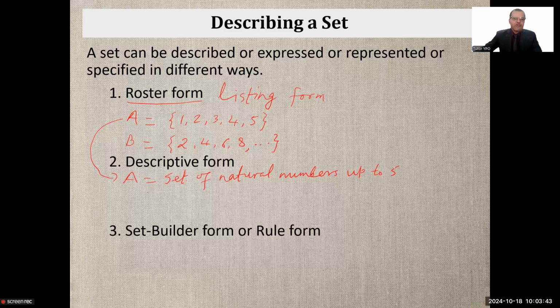We can also describe in another way as well. We can use these curly brackets, but we have to use a certain expression to represent the characteristics of the elements. So we can say {natural numbers up to 5}. See the difference between the first one and the second one.